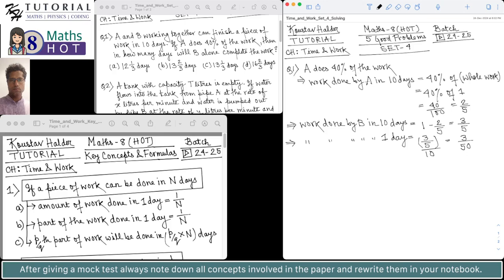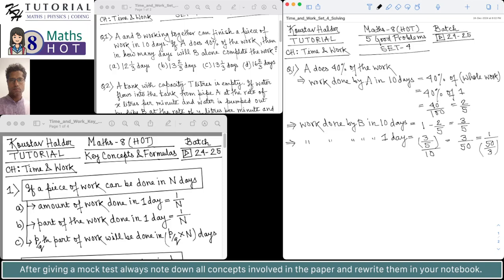Now we have work done by B in 1 day is 3 by 50. Now work done in 1 day, or work done in unit time, is always preferable to express in the form of 1 by n. So 3 by 50, if I want to express it as 1 by n, where n is some number, it will be 1 by 50 by 3.